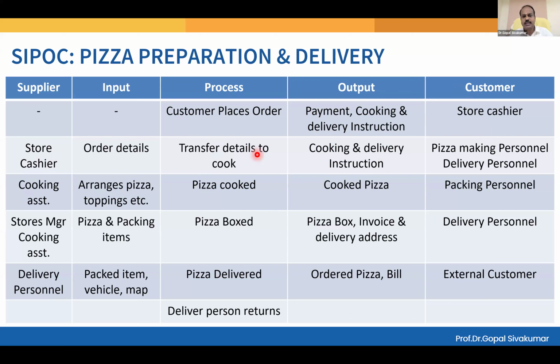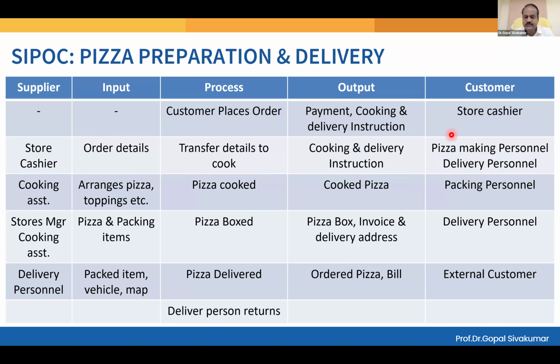The process he has to do is transfer the details to the cook and the delivery boy. So the cooking instruction goes to the cooking expert, who is the chef, and delivery instruction goes to the delivery boy. So the chef and the delivery boy are the customers now. Clear, all of you? Now the supplier is the store cashier.